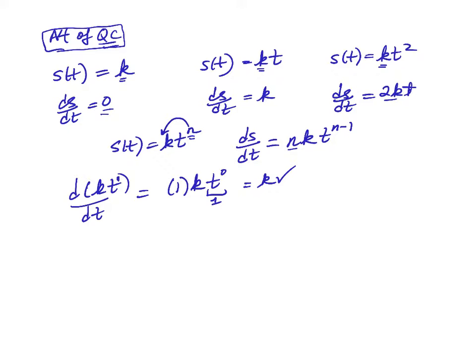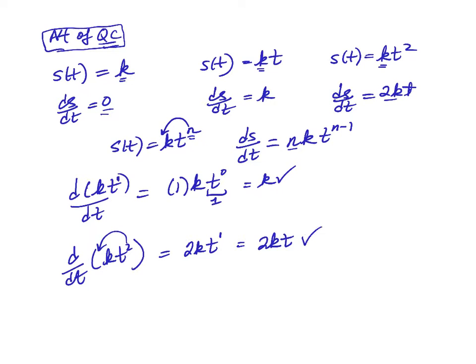And then finally, we have d/dt of kt squared. Well, let's use that same rule. The 2 jumps down in front, so we get 2kt, and now we reduce the power by 1, so it's t to the first, which is just t, and we get 2kt. So that also checks out. And it fits with the fact that a function changes at a rate that's one order less than the function itself for power functions.